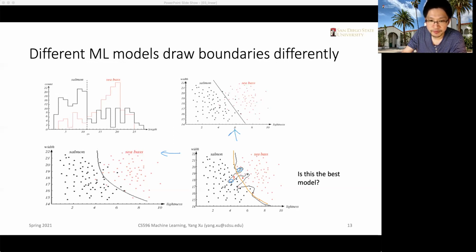According to this very sophisticated model, this new dot falls to the left of the boundary. So this model will claim that this dot should be salmon, right? But apparently it looks closer to the center of the sea bass.